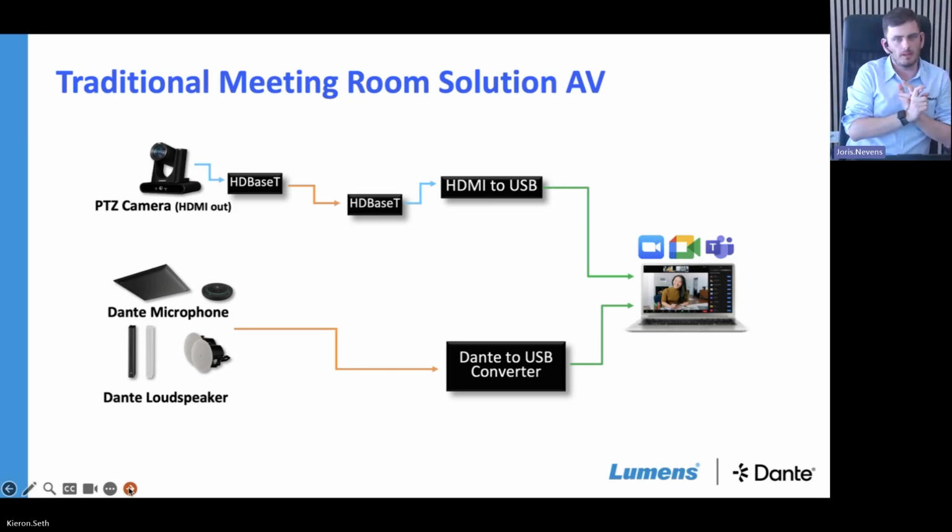You end up with an HDMI source at the end, and you need to convert it to USB. After that, you need to add another USB converter, which will take Dante audio and convert it to USB.